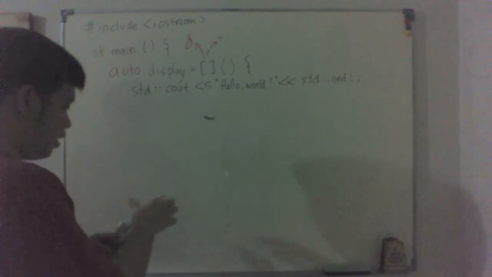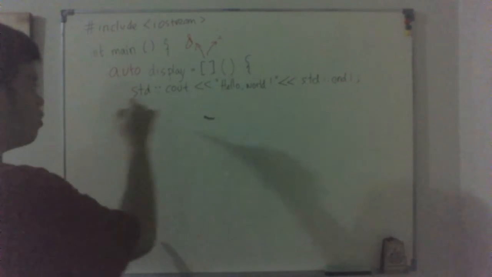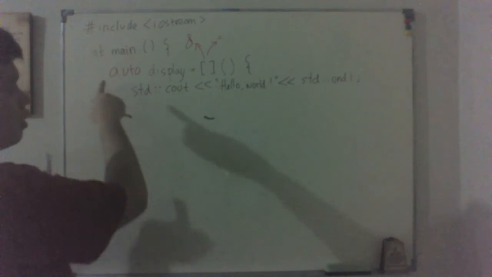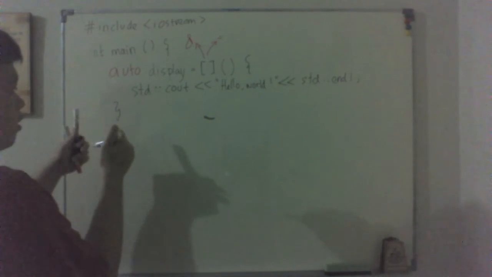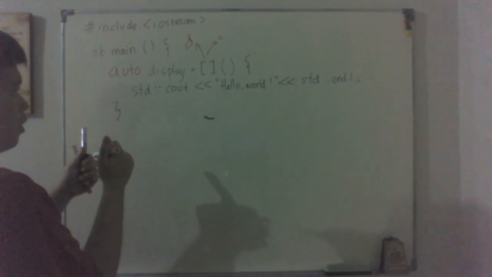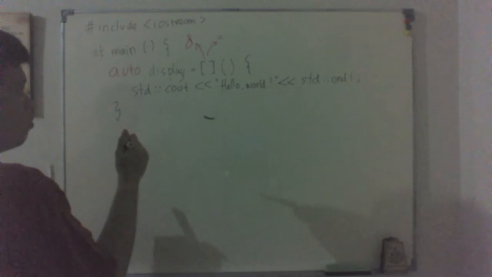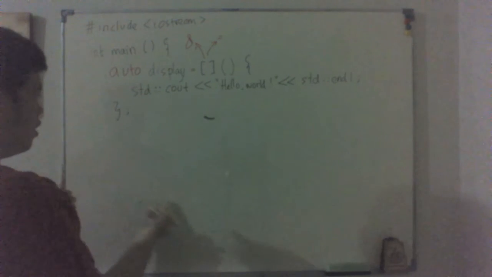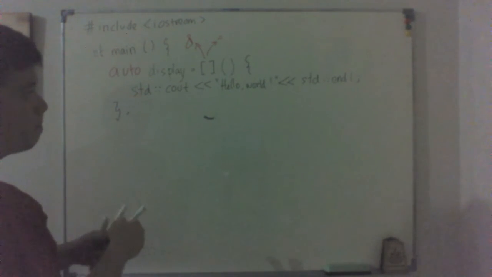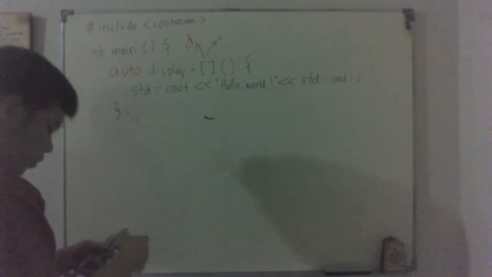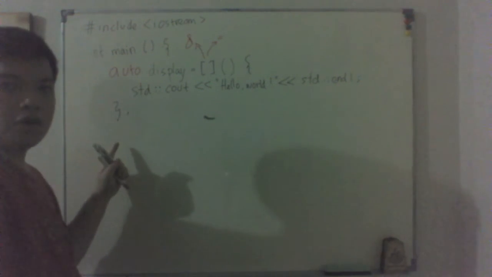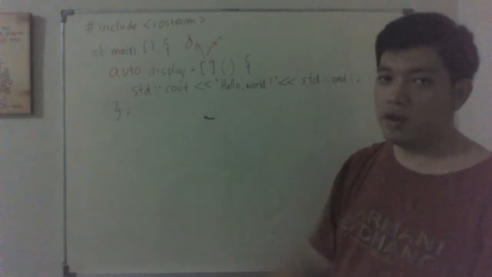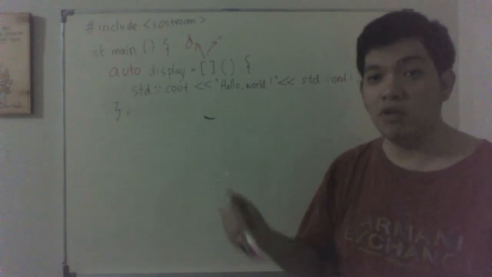And how do we end the lambda? Of course, we need to close the curly brace over there. But this statement is not done yet because this is also a scope, and then optionally we can use semicolon over here just to show that this is a statement. And then we shouldn't directly put return 0 over here, because if we put return 0, then the lambda is not called, which is basically useless, right?